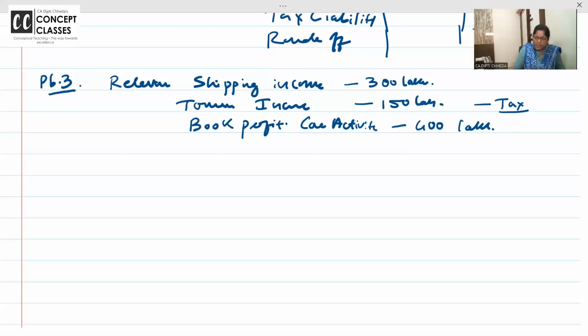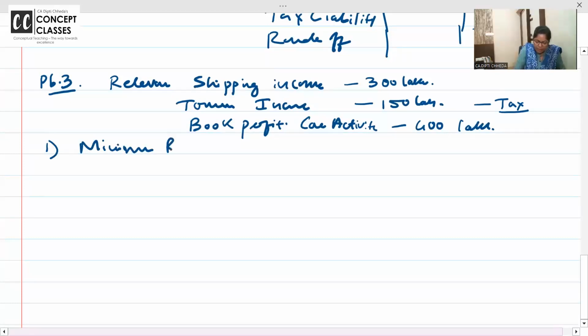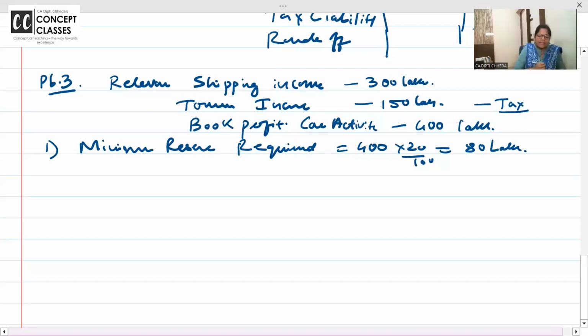Now first is what is the minimum reserve requirement? आपका minimum reserve requirement कितना होगा? Book profit जो है core activities उसका 20%, 80 lakhs.